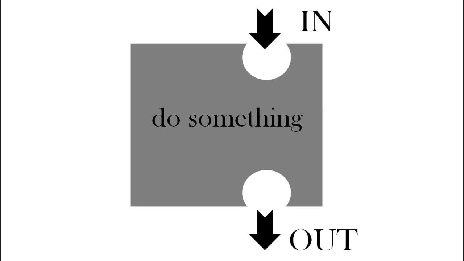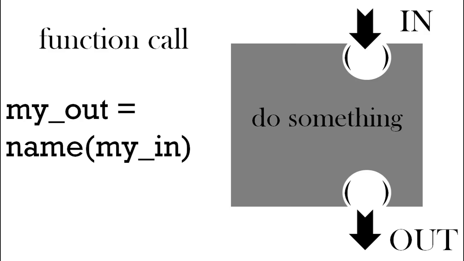Passing. So the function does something. We pass something in and it passes something back out. We put brackets to receive the things and to return them. So if we look at a function call, when we want to use the function, we have something going in and something coming out.